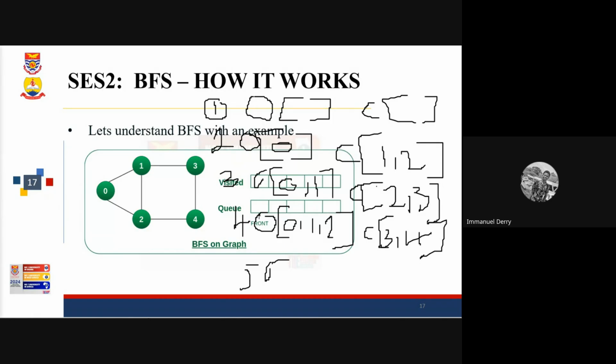The open list is going to be 0, 1, 2, 3, and then the close will be what? 4. All right. So in our 5th step, we are going to get all our various nodes in the open list, 0, 1, 2, 3, 4, and then the closed list is going to be empty.